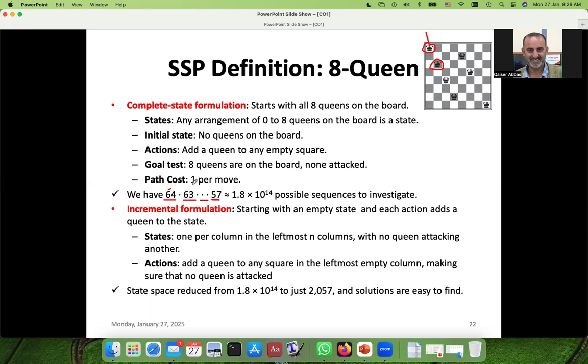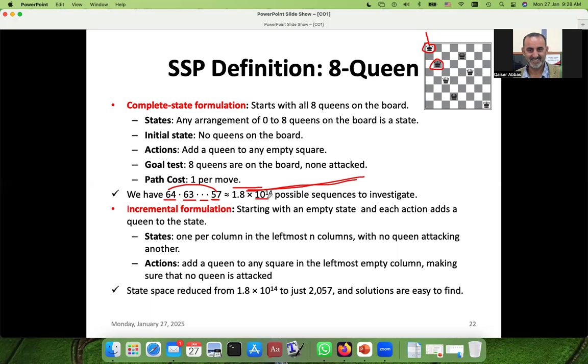And when you multiply all these, it will be 1.8 multiplied by 10 raised to the power 14 possible sequences you have to investigate for finding the proper positions. So what does it mean? It means 1.8 and 14 zeros. So you can say 1, 8 and then 14 zeros on the right side.